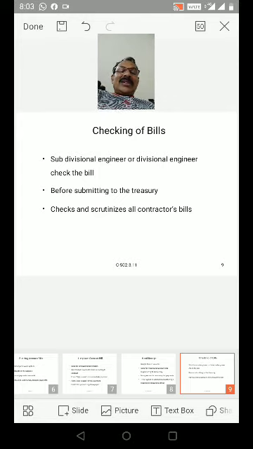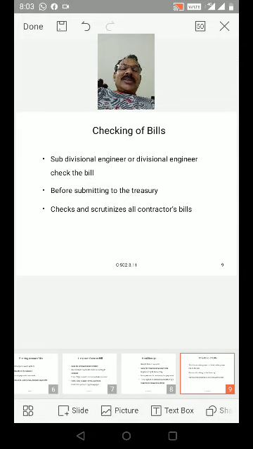This circle is again divided into a number of divisions. Each division is headed by an executive engineer. This executive engineer is responsible to the superintendent engineer, because the executive engineer's immediate boss is the superintendent engineer.